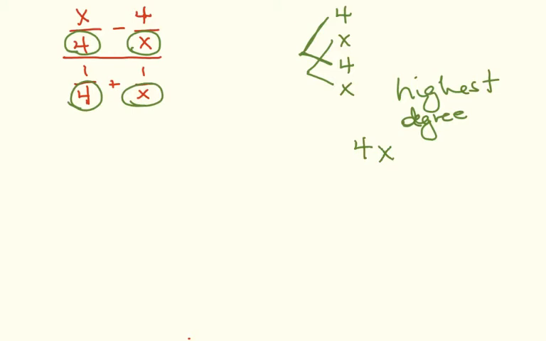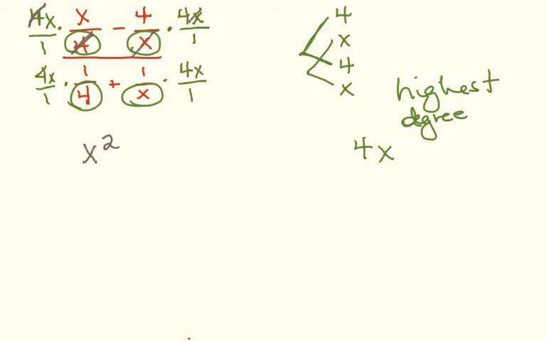And what we'll do is we will take our original expression and we will multiply each and every term by 4x over 1. And when we do that, we will go through one at a time and we will say, okay, the 4's divide out, and I'm left with x squared.